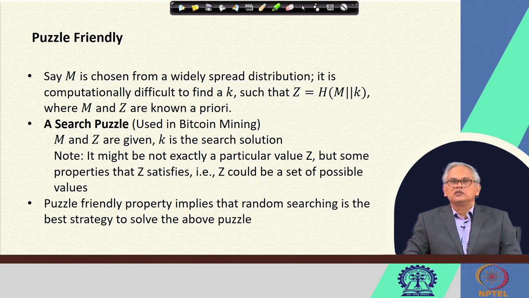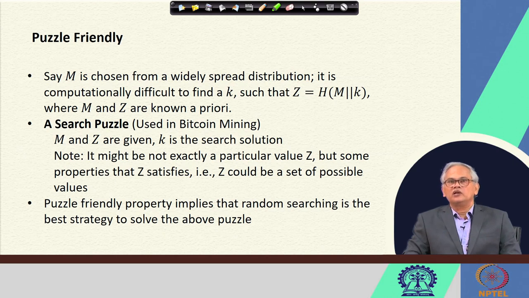Of course, z is not always something that is given; rather, certain properties of z are mentioned, so that the hash of m concatenated with k should satisfy those properties. So, effectively z is acting like a set of possible values instead of one particular value.